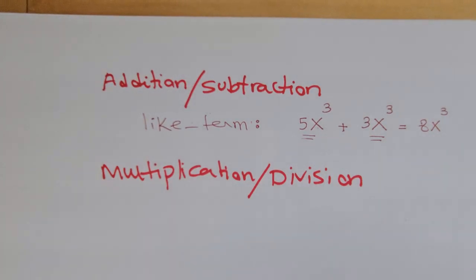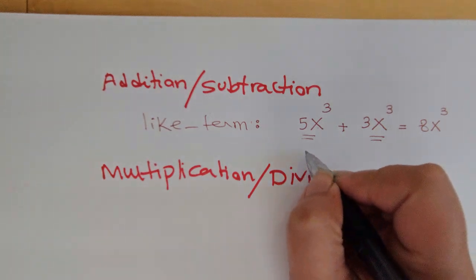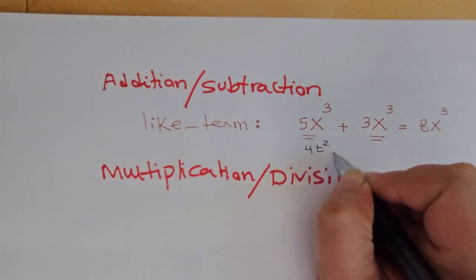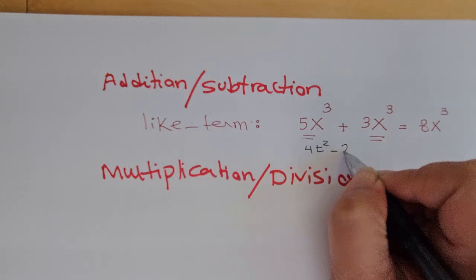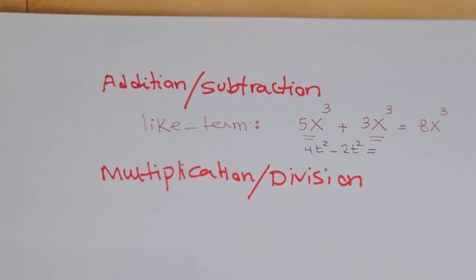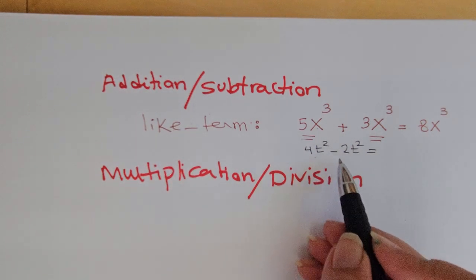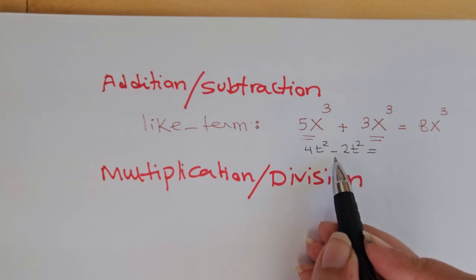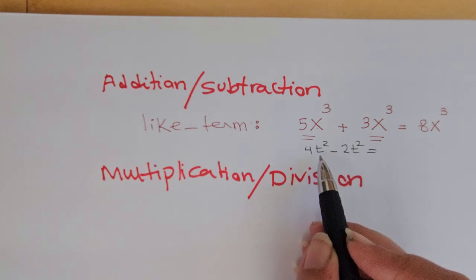Let's do a few more examples. Let's say 4t squared minus 2t squared. Here we have two terms. What is the operation in between? It's subtraction. All right, so what is the variable?